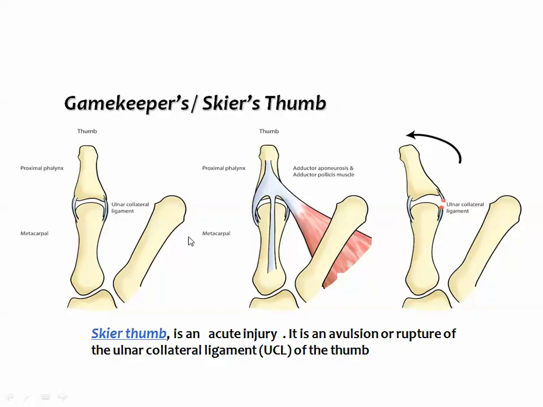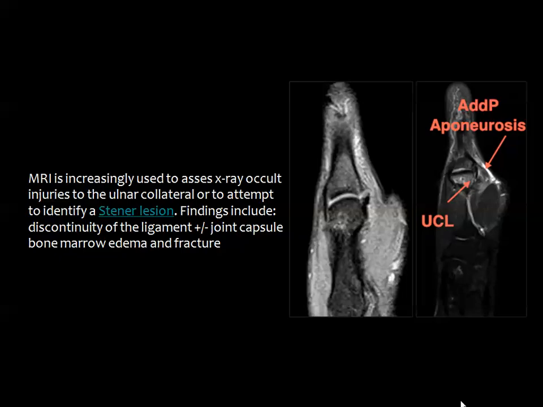Then this is the anatomy. This is the ulnar collateral ligament, this is the radial collateral ligament, and the aponeurosis of the adductor and abductor pollicis muscle. In an injury which is a valgus type of trauma, there is rupture of the ulnar collateral ligament, and sometimes avulsion of a chip of bone in this area.